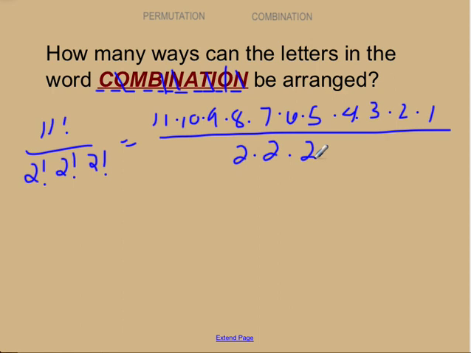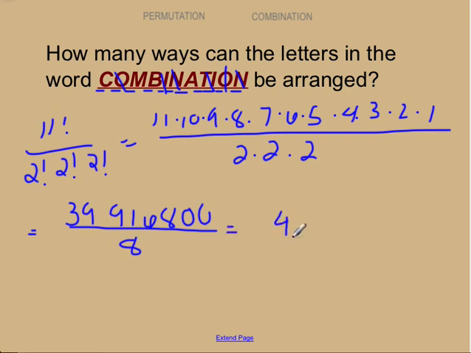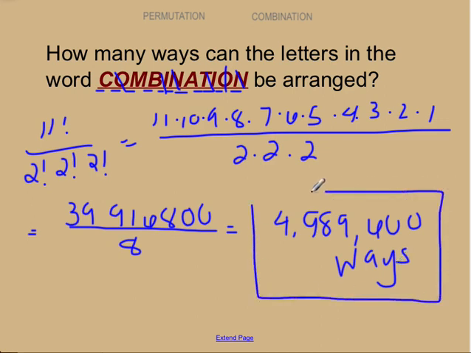When you multiply out the top, you end up getting 39,916,800, and we're going to divide it by 8. This is going to be a really big number. So we divide it by 8, and we end up getting 4,989,600 different ways that we can arrange the word combination, and that accounts for all the letters that are repeating.